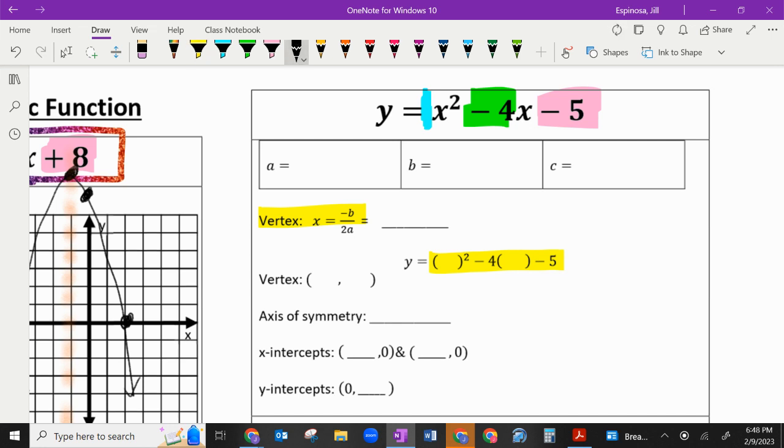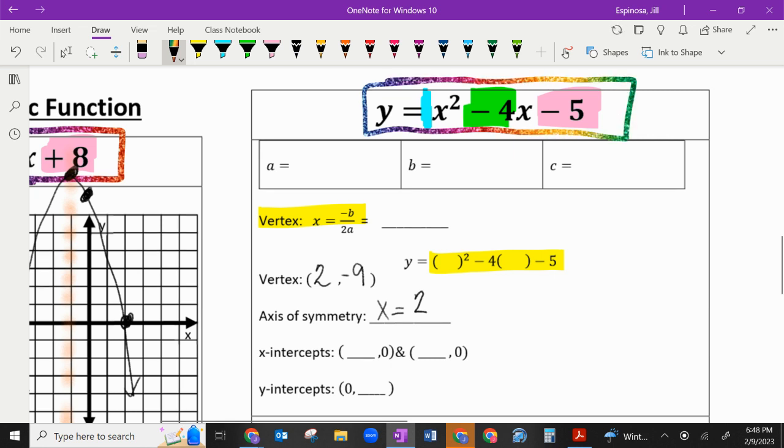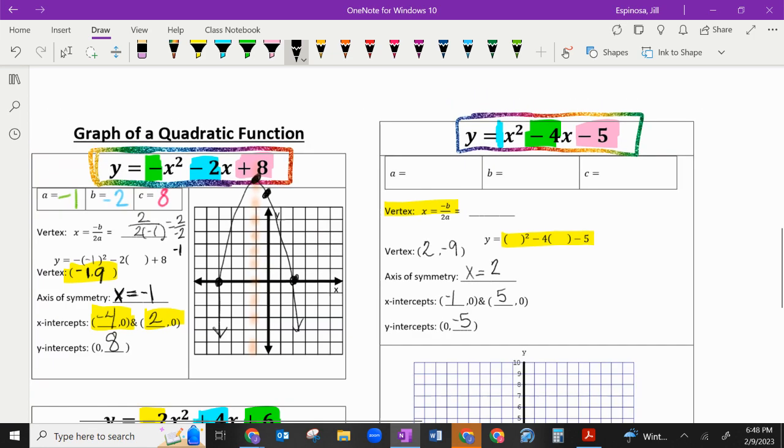Your vertex at the end should be a 2, -9. Your axis of symmetry should be x equals 2. Take a moment, plug your original equation right here into Desmos. Once you do that, you should get a -1, 0, and 5, 0, and your y-intercept should be 0, -5.